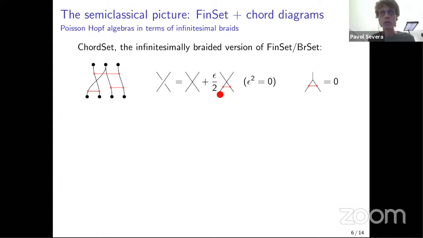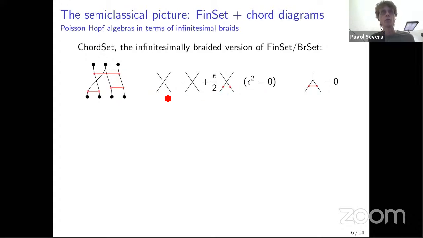And now in the theory of braided monoidal categories, there is a reasonably standard notion of infinitesimally braided monoidal categories, which is that imagine that you have a symmetric monoidal category, that's our finite sets. But then we deform the symmetry to a braiding by adding one more natural transformation followed by the symmetry. But we multiply it by epsilon, where epsilon squares to 0. So it's only a first order deformation.